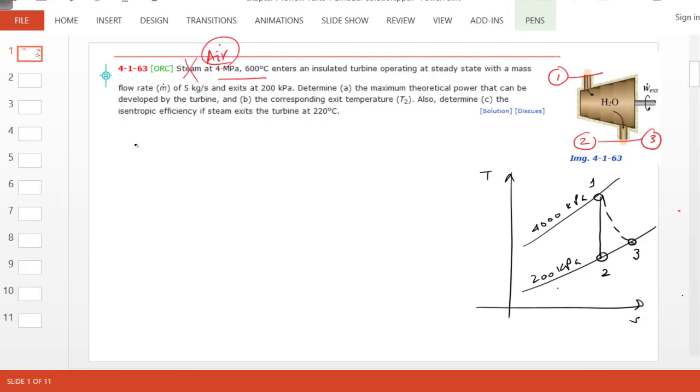Okay, so state 1, let's write down everything that is known. Pressure, I'm converting that to kilopascals. Temperature, instead of Celsius, let's go straight to Kelvin. And mass flow rate is supplied.